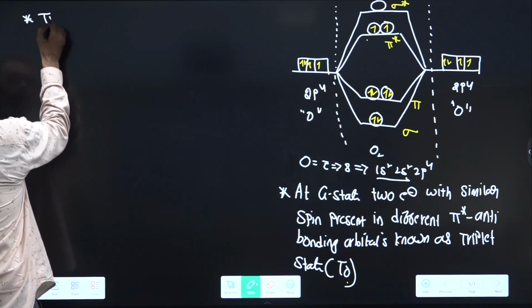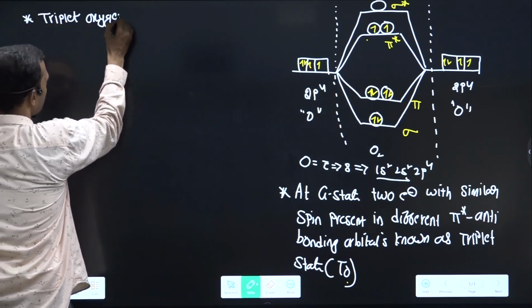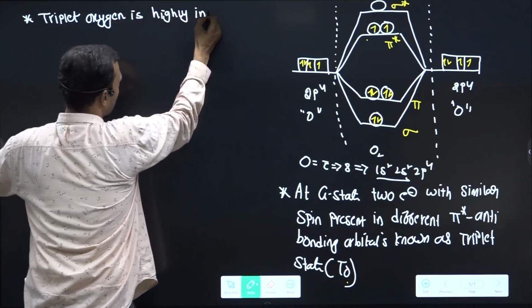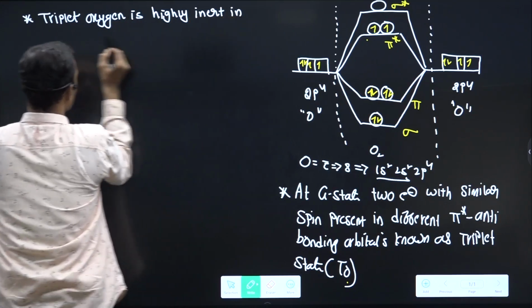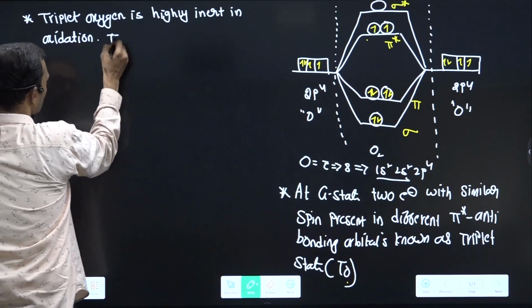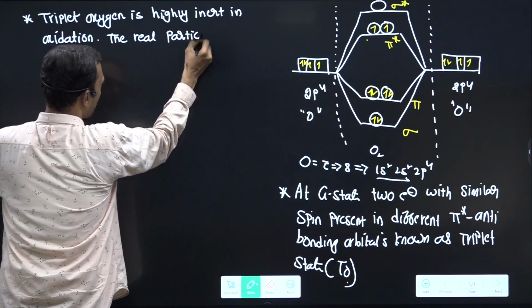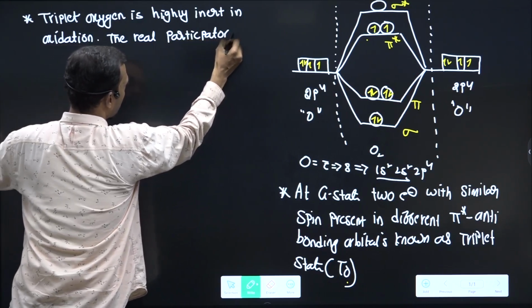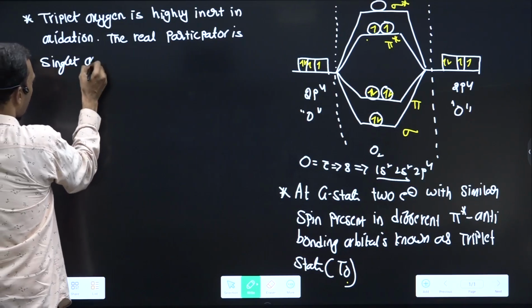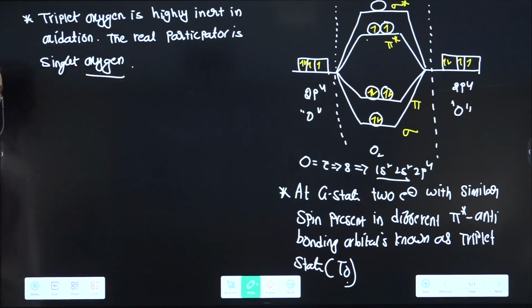So if I take any triplet state, oxygen is highly inert in oxidation. Who is a real participator? The real participator is singlet oxygen. Singlet oxygen actually will do oxidation, but singlet oxygen does not exist.